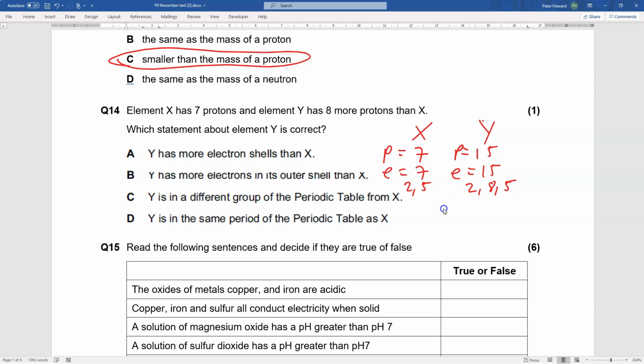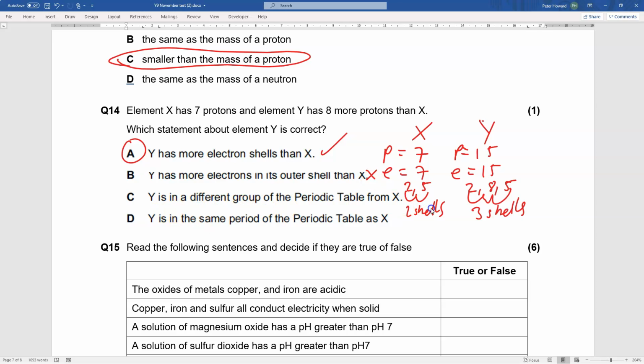So what can we say? This has got 2 shells. This has 3 shells worth of electrons. So what's true? Y has more shells than X. That sounds true, so we can tick that one. Let's just go through it. Y has more electrons in its shell? Note they've got the same, so that's false.